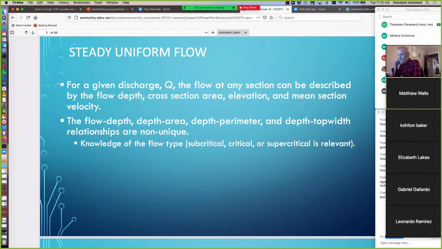Most of the flows we'll encounter in engineering in much of the world will be subcritical and critical, but supercritical flows exist. They're common in environments with a fairly steep slope.